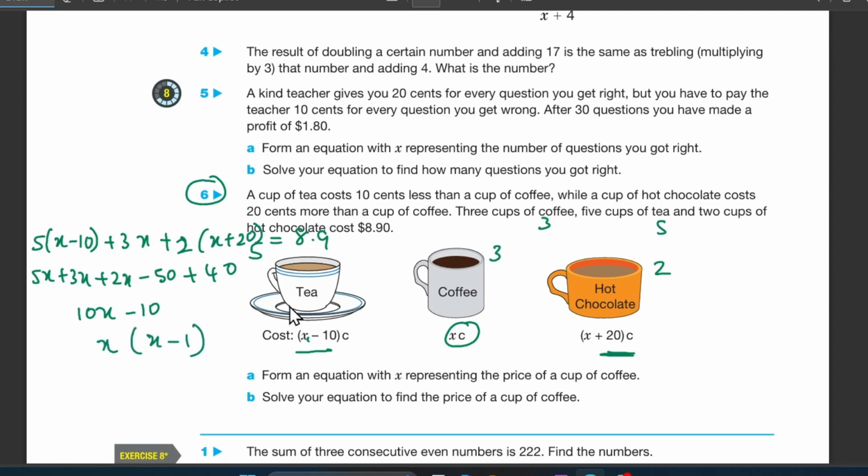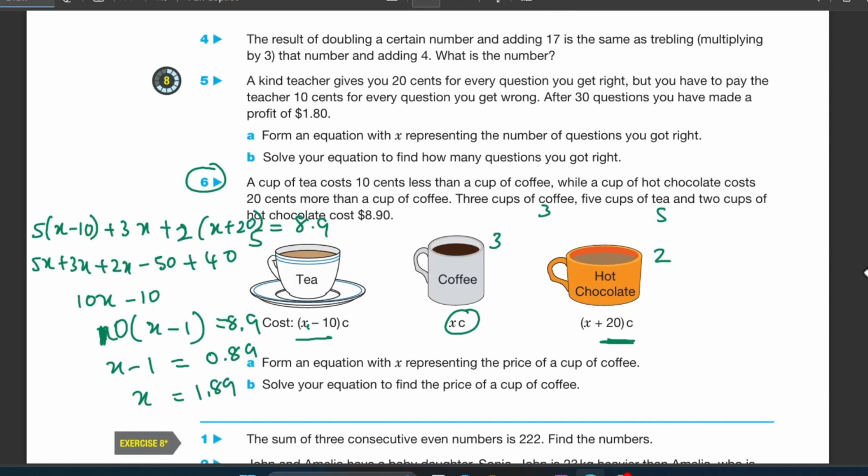Okay, so this is equal to 8.9. So then I get x minus 1 equals 0.89. This is x equals 1.8. So that's the value.